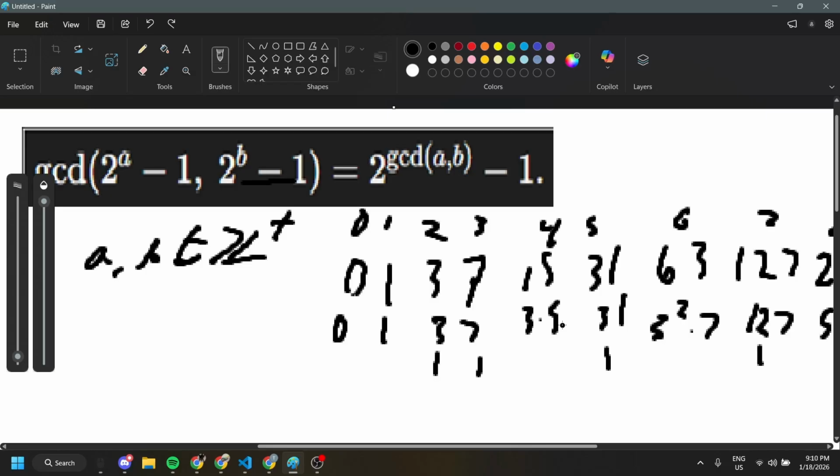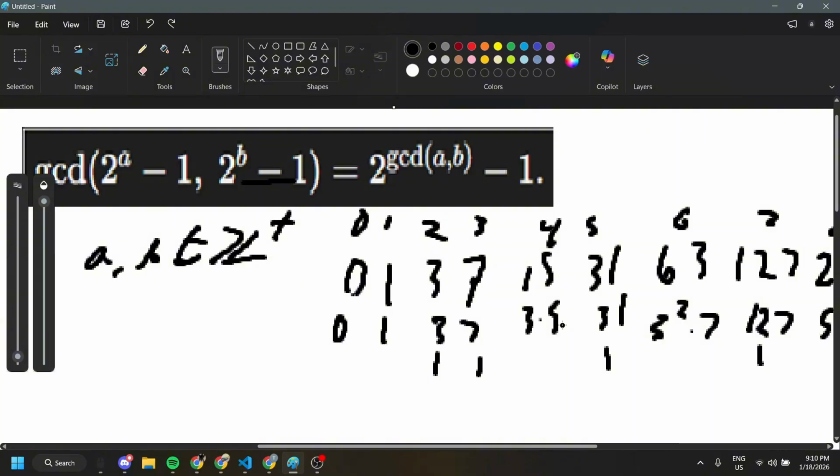So if A and B are coprime, that would mean, according to this, which I have not proven, if A and B are coprime, their greatest common divisor is 1.